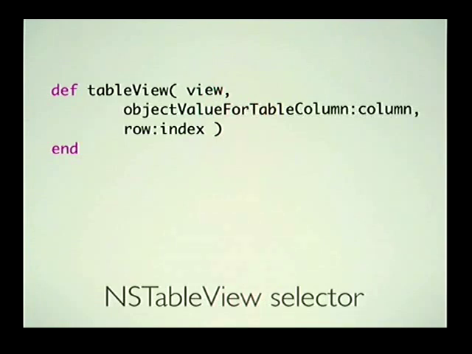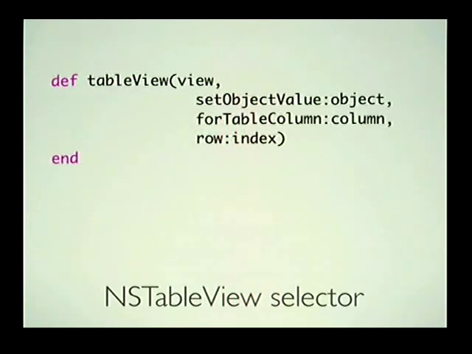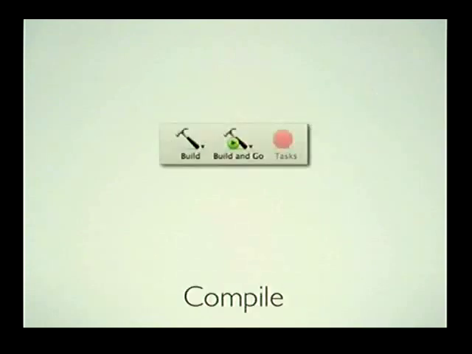So you can say table view, and then like @view, comma, and then you can have a hash that has a key objectValueForTableColumn, and the value for the key will be the column itself. I'll just show you. It's very straightforward, but at first, when you're not used to Objective-C, it's a bit strange to have two methods with different selectors, but that's what we need to have.